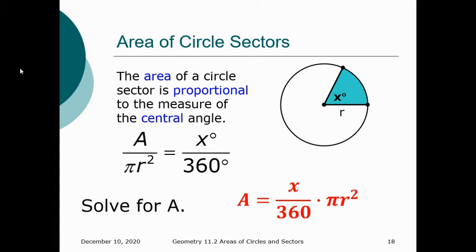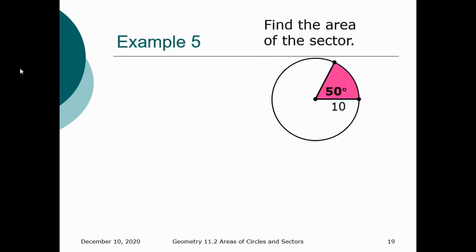So we get the area over pi r squared, and that's equal to the proportion of your central angle over 360 degrees. And then all we have to do is solve for A. Notice the similarity between that and the arc length. The only difference is the arc length used the circumference of a circle.